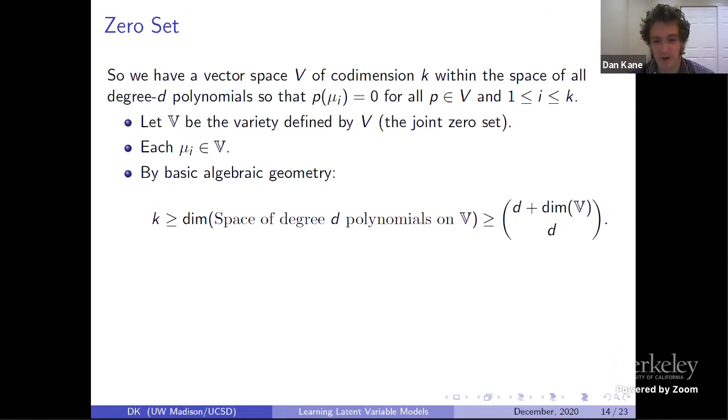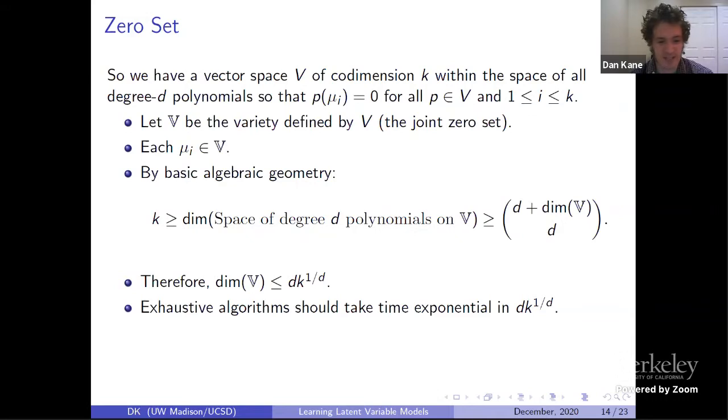The dimension of the space of degree d polynomials on this variety is just going to be the codimension of V within the space of all degree d polynomials, and that's at most k. On the other hand, this is at least (d plus the dimension of the variety) choose d. And a little bit of algebra says that the dimension of this variety is therefore at most d times k to the 1 over d.